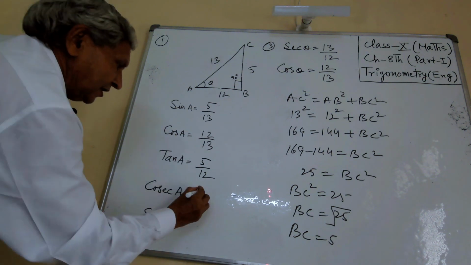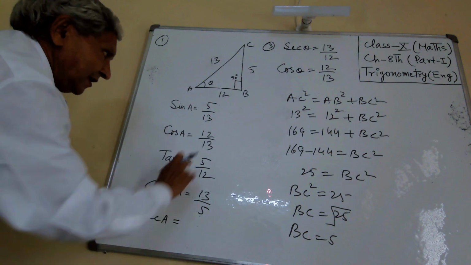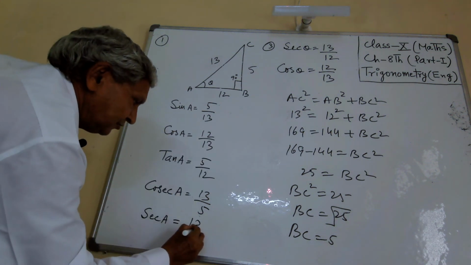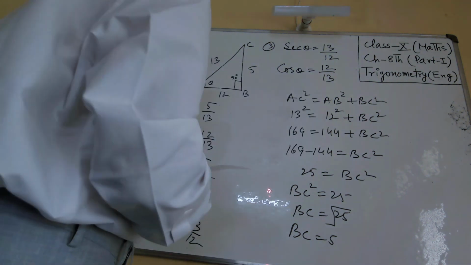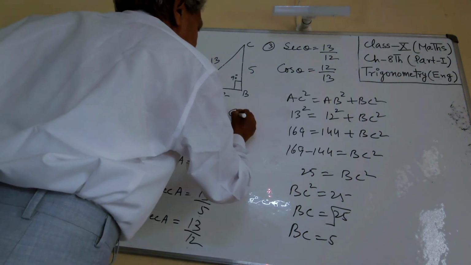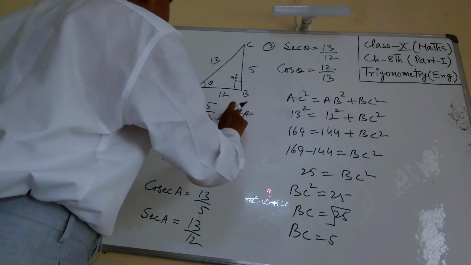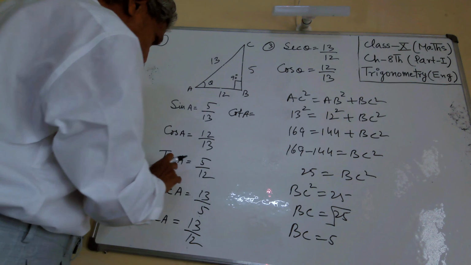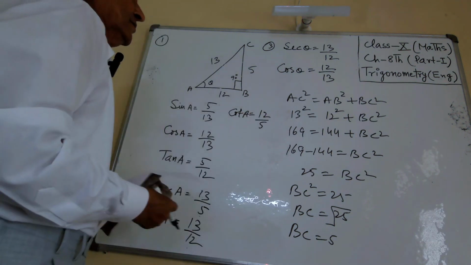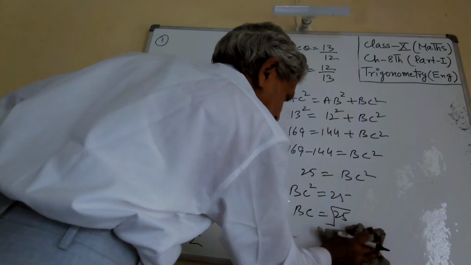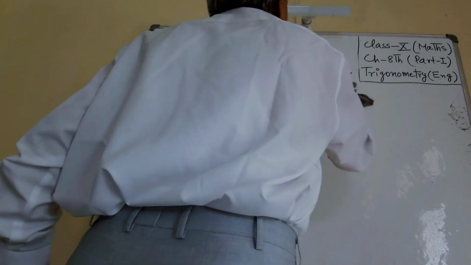Cosec A, 13 by 5. Sec A, 13 by 12. And cot A, opposite of tan A, 12 by 5. These are all 6 identities which we had to find out. And next question.